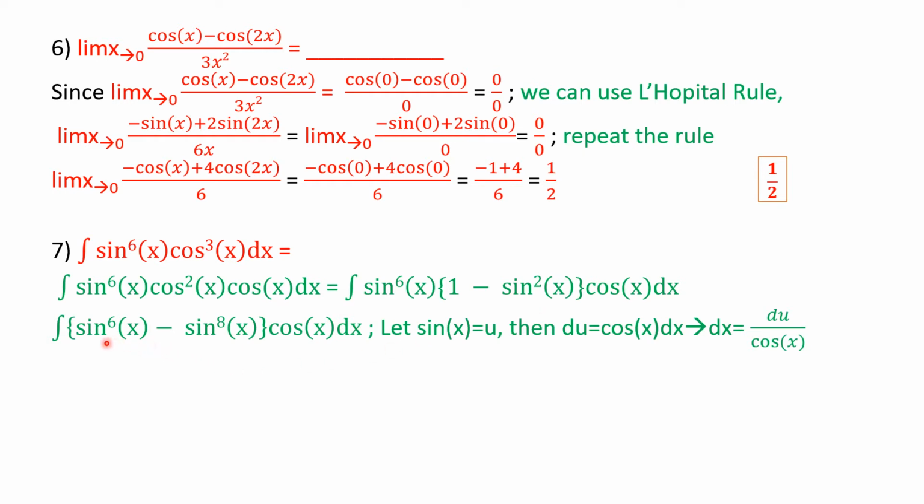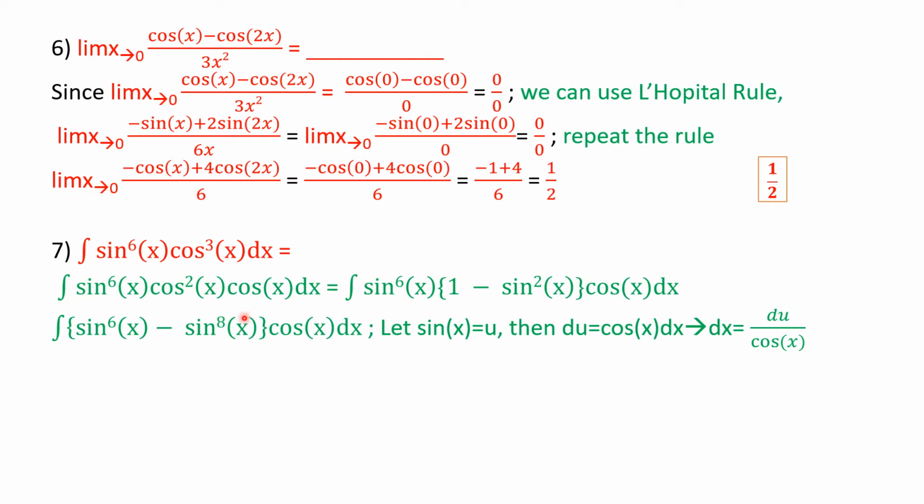If we distribute sine to the power 6 inside, that gives us sine to the power 6 because we multiply by 1, and then minus sine to the power 8, which is sine to the power 6 multiplied by sine to the power 2.